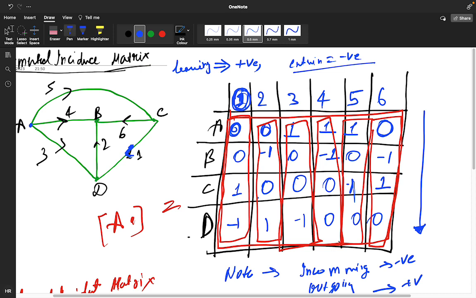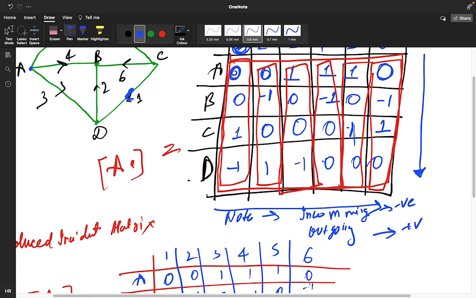And if you look row-wise, it tells you at a particular node which branches are connected. For node A, which branches are connected? 3, 4, 5. For node B? 2, 4 and 6.